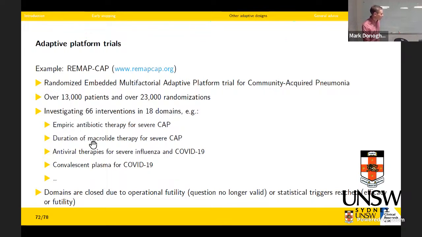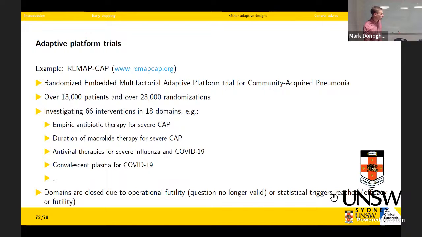So these are examples of domains. So testing different antibiotic therapies in severe pneumonia, different durations of this therapy for severe pneumonia, different antiviral therapies for COVID, convalescent plasma for COVID. And these domains might be closed if the question's no longer valid. Maybe if another study's already shown that this treatment works or doesn't work, you can stop.